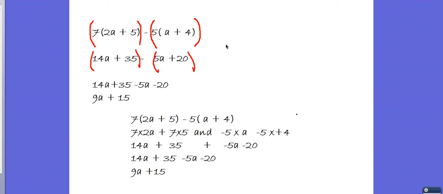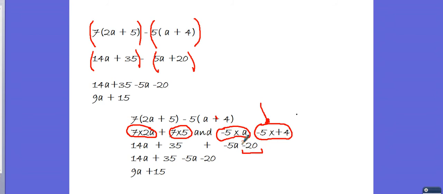Another way to think about it is that we've got 7 times 2a plus 5, and we also have negative 5 times a plus 4. So I've got 7 groups of 2a and 7 groups of 5. We've also got negative 5 times a, and negative 5 times plus 4. You've done loads of these types of integer questions already, so you know that negative 5 times plus 4 will give you negative 20.